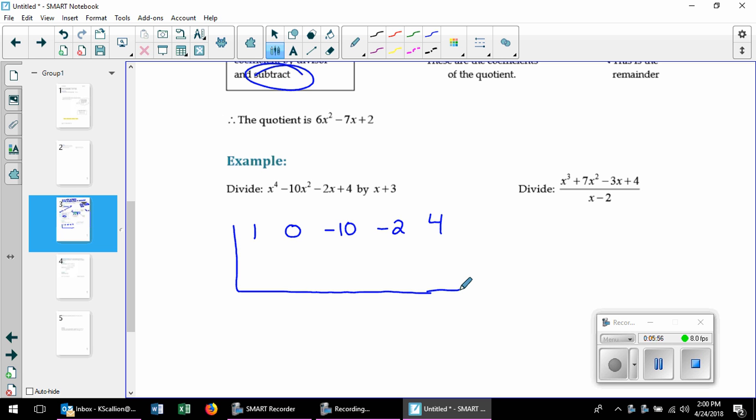So what is my divisor? What goes on the outside here? +3, because we just take it from there. And what are we doing between this line and the new line I'm putting in here? We're going to subtract them. Sometimes I don't even put that.